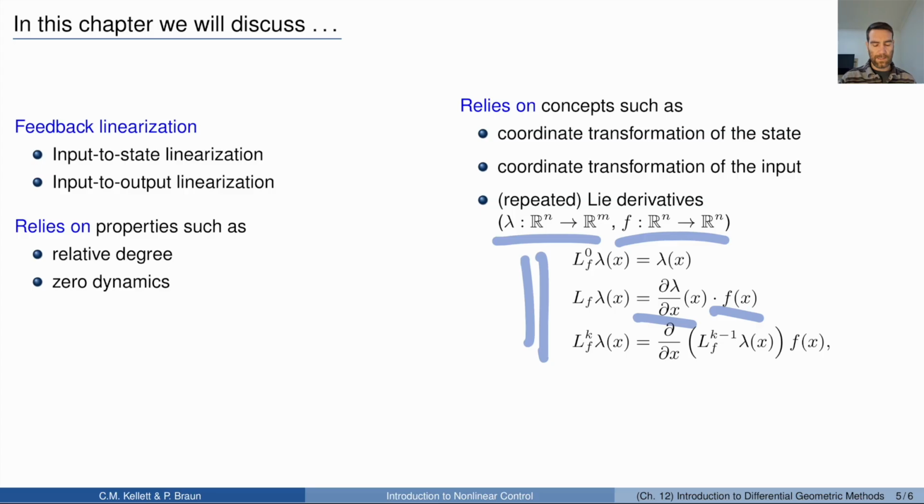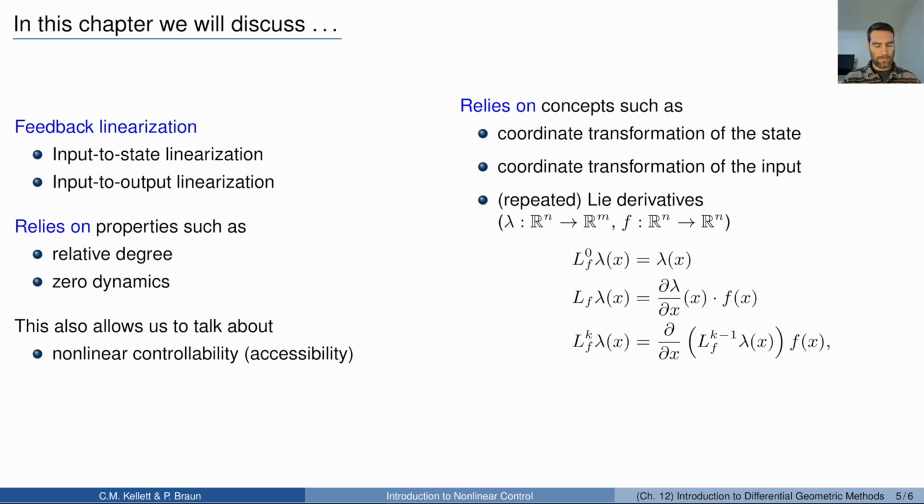And then we can also calculate the Lie derivative of this new object here. Well, and that will give us results about relative degree, about zero dynamics, and how to come up with this coordinate transformation, which provide feedback linearizations. And additionally, they also provide a concept to study controllability for nonlinear systems, which you also find phrased as accessibility in corresponding literature.